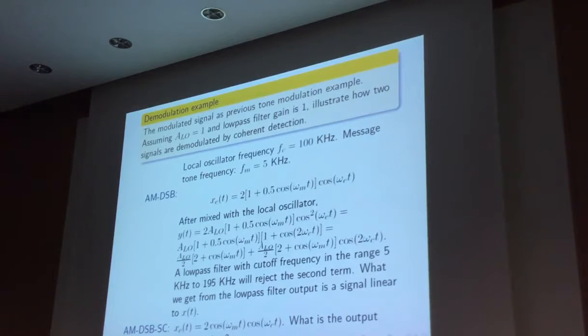One more thing is about the local oscillator here. Just imagine we don't have this perfect synchronization. Let's say we have a non-zero phase here. So what is going to happen? We cannot put a square then. Right? It cannot be a square.